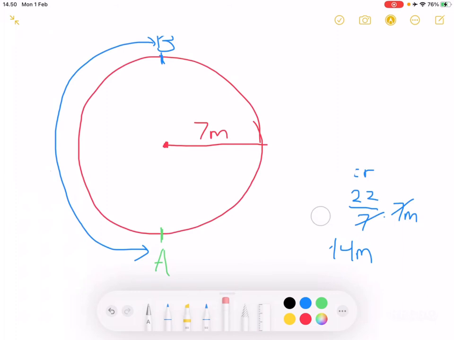I can erase this real quick, and yeah, there you go. They both started jogging at the same time with speeds of 5 meters per second and 3 meters per second respectively, both in the clockwise direction.